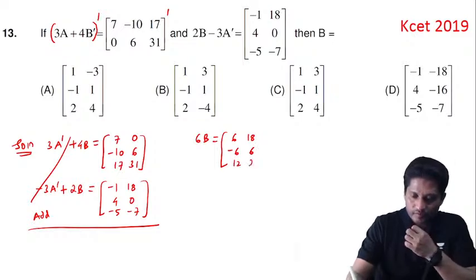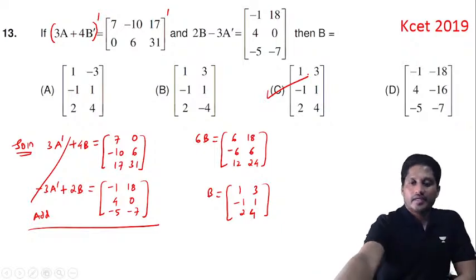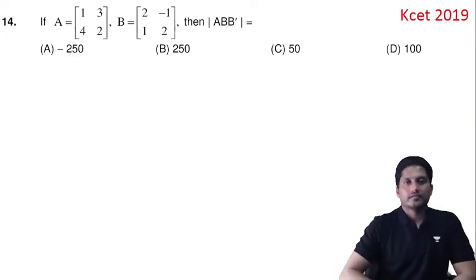Okay, 24. B is equal to the matrix divided by 6. You will get 1, 3, minus 1 plus 1, and then 2 minus plus 4. Answer is option C. Right, let's move to the next question.